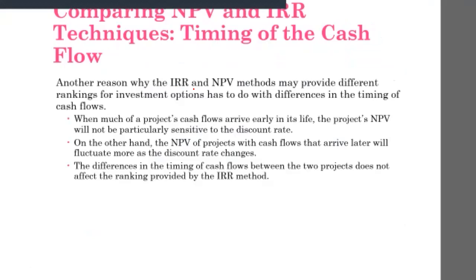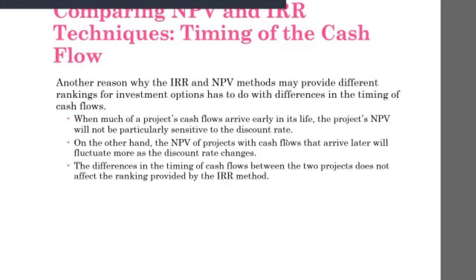Another reason why the IRR and NPV methods may provide different rankings for investment options has to do with differences in the timing of the cash flows. When much of a project's cash flows arrive early in its life, the project's NPV will be particularly sensitive to the discount rate. So remember, you have 12 months in the year.